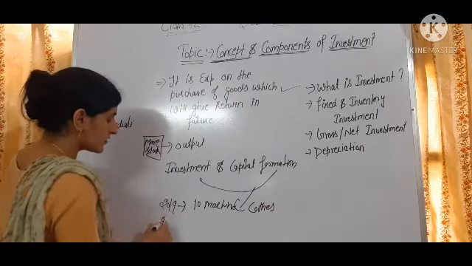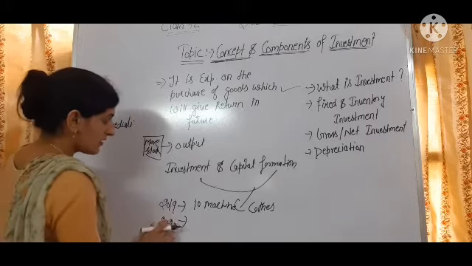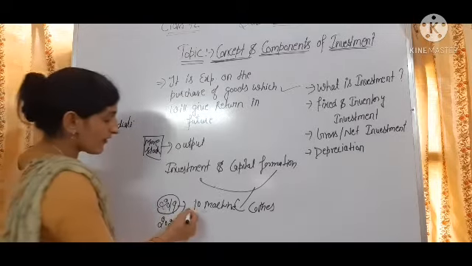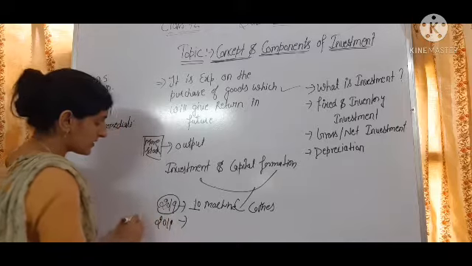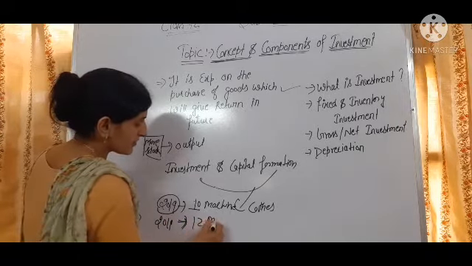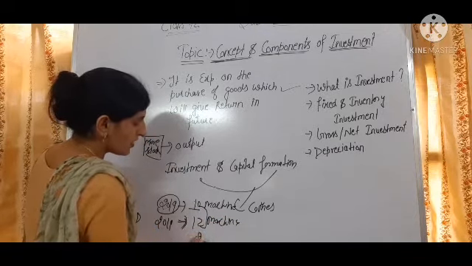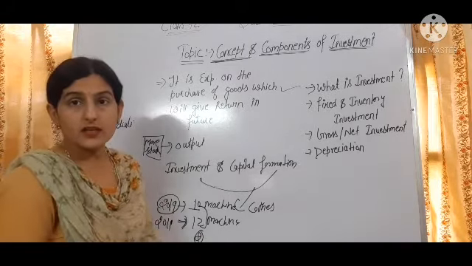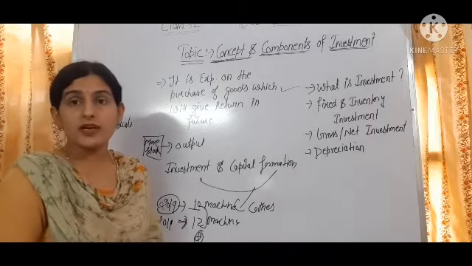At the starting of 2019, he has 10 machines, and at the end of 2019, means December 2019, he has 12 machines. So these two extra machines are the capital formation. Okay. Why? Because this is the increase in the capital stock of a producer.